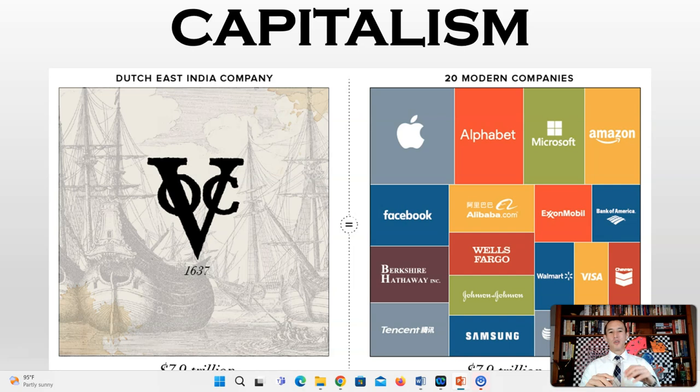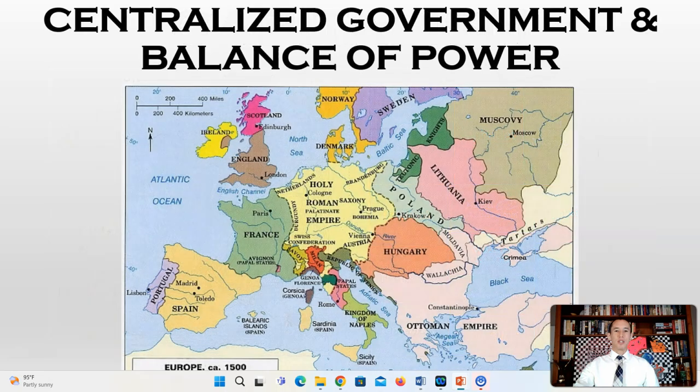So the companies are still monopolistic. When I say capitalism, we're talking about the very beginnings of capitalism. But it's a challenge to the authoritarian states. It's a challenge to the monarchs. And over time, it will force the monarchs to have to share power. So there's an economic revolution. And there's also a political revolution.